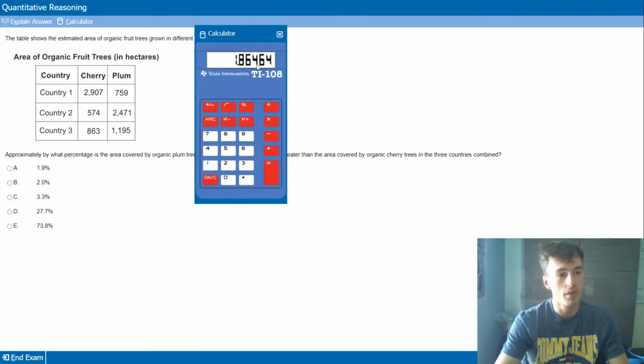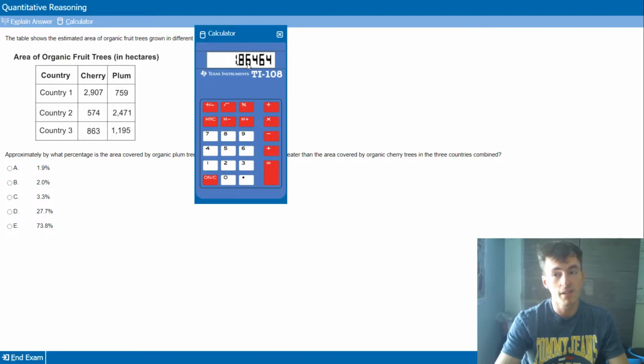Now, if we look at the answers here, the answer is not actually listed. So if you're thinking, well, what do we do now? This must be wrong. No. If you think this is 1.8% and one of the answers is 1.9%, it's assuming that we have to round this up. So it only wants the answer to 1 decimal place. And if you have a situation like this, we must look at the other decimal places. So the next one past the 8 is a 6.